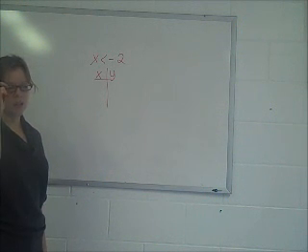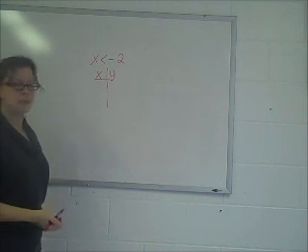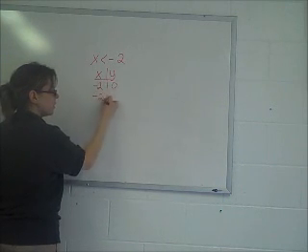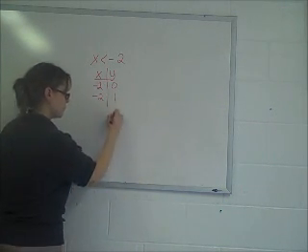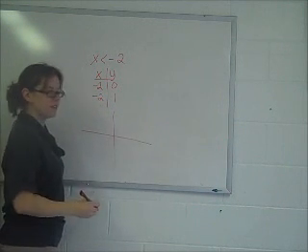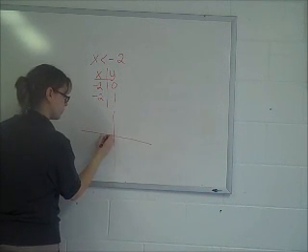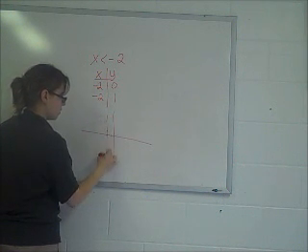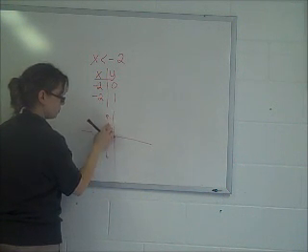So instead it's saying no matter what you choose for y, x is going to be negative 2. So (-2, 0), (-2, 1), we could keep going. And we graph it. And it makes a vertical line, which is dashed.